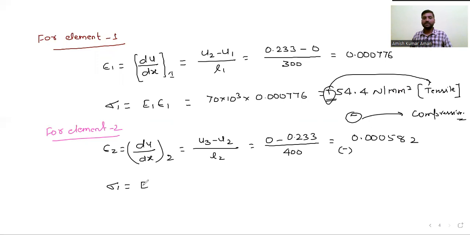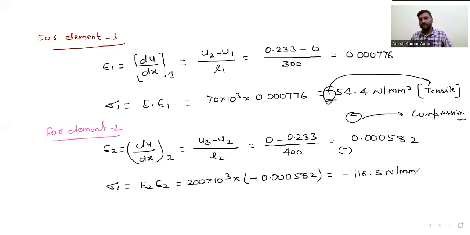Stress is equal to E2 into epsilon 2. E2 value is given in the question, already given as 200 into 10 to the power 3, into the epsilon 2 value. Here we will take minus 0.000582. So we are going to get this value as minus 116.5 Newton per mm square.